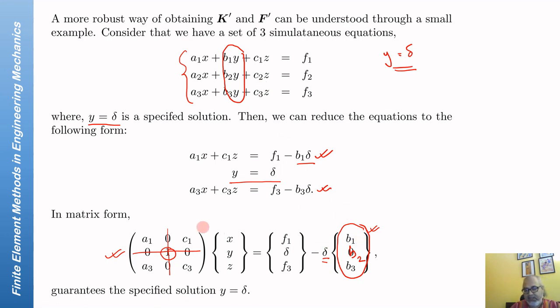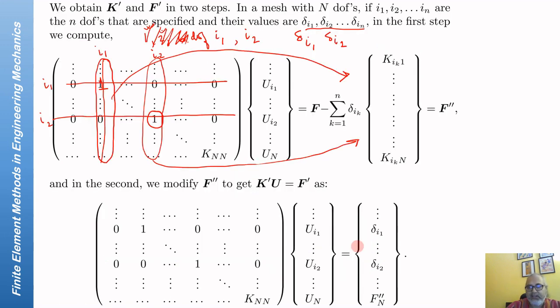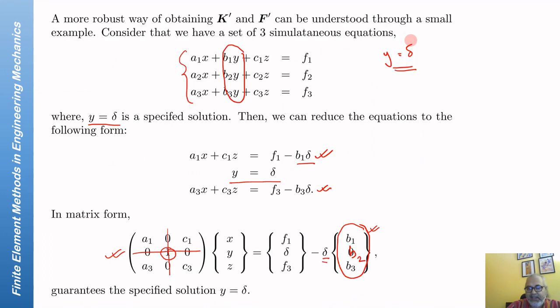I have taken this column, multiplied it with delta, and then transposed it to the right hand side. And this is what I have done in this particular case. Now, in the last step, this B2, I'll have to set it to 0. Then I have exactly this kind of a set of equations for the large system.